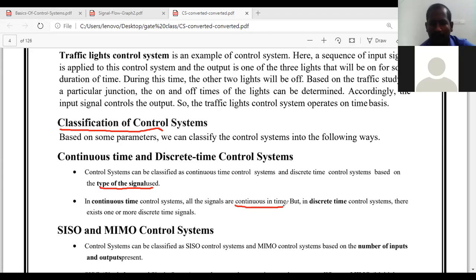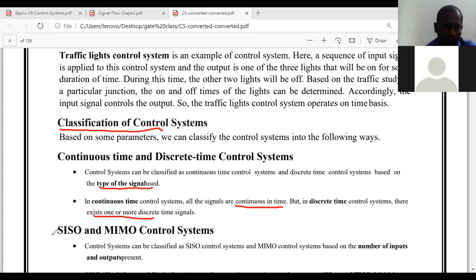Whereas in a discrete control system, the signals are discrete in nature. The amplitude is continuous, but the time is discrete in nature. Is it clear? Yes, sir. This is one way of classification, based on the input. And the next way.